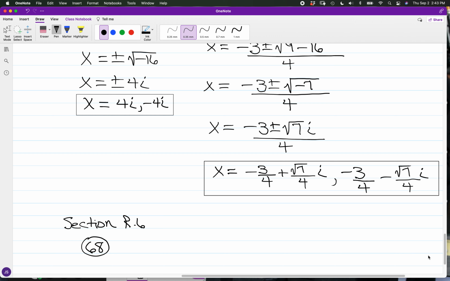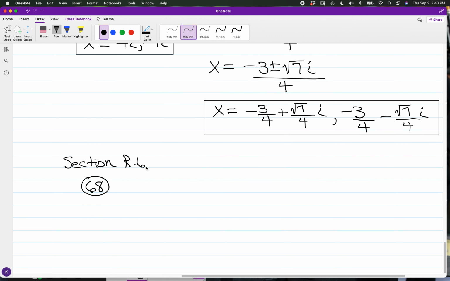In number 68, the letter m, we have the equation m times the quantity m plus 10 is equal to negative 34.